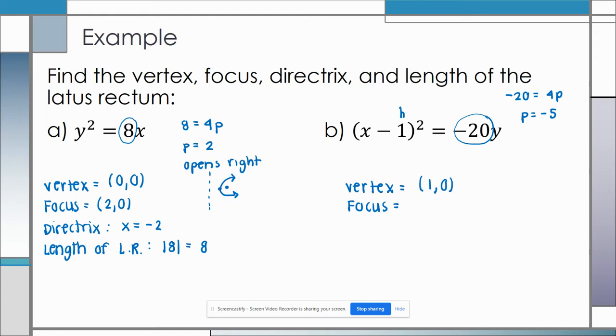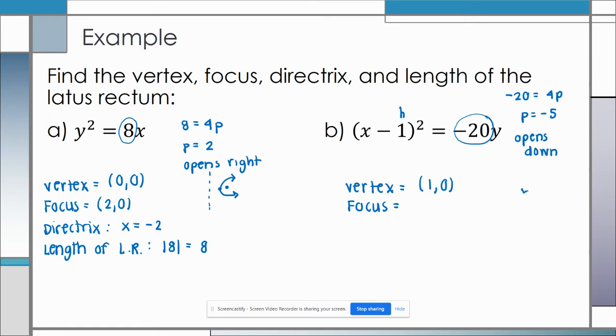If I divide both sides by 4, we get a value of -5. So notice that my p-value is negative. That means I'm either opening to the left or I'm opening down. Because my y term is not squared, it's my x term that is squared. That means we're moving up and down. And since p is negative, my graph is going to open down.